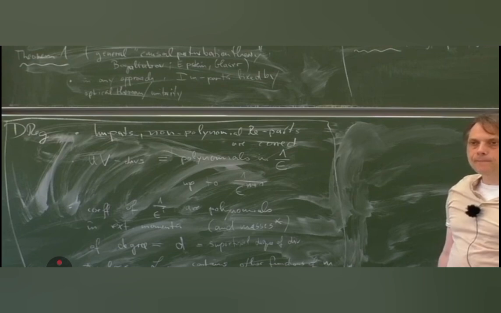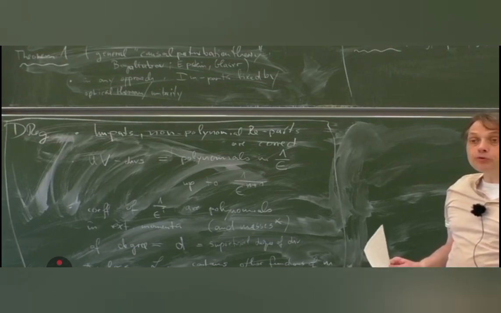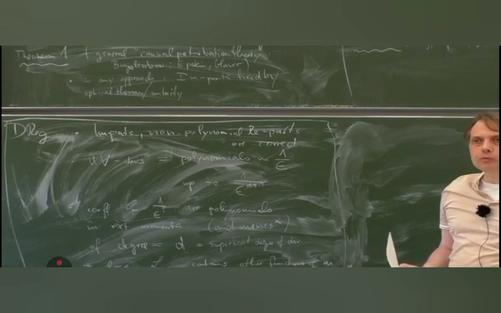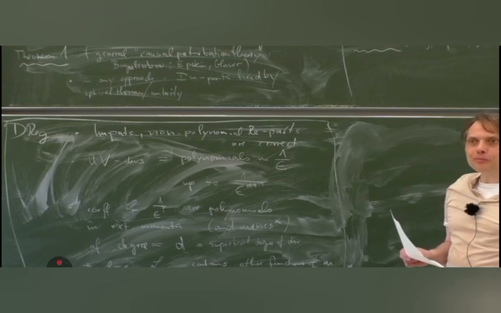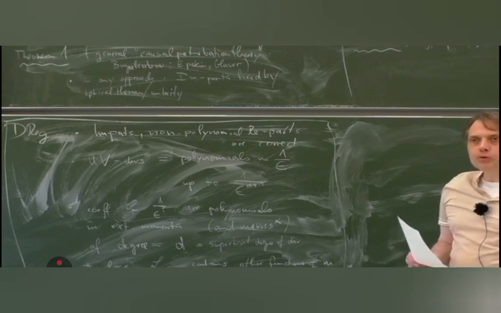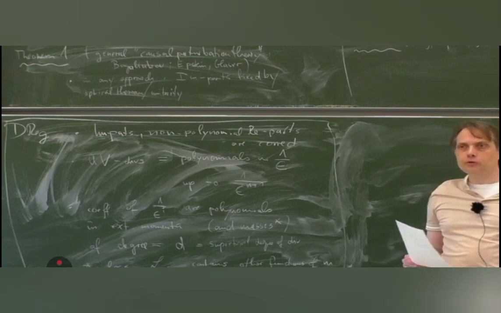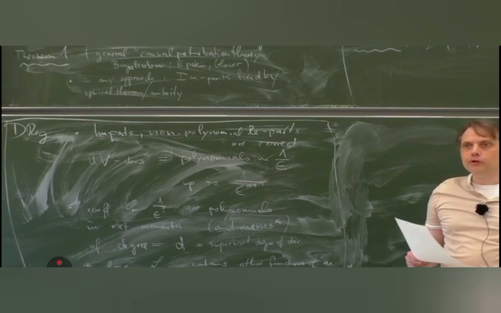So the unphysical mass scale mu, ln mu square and 1 over epsilon have the same coefficient.